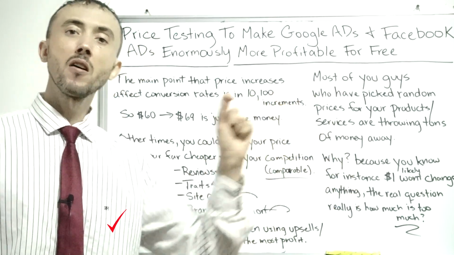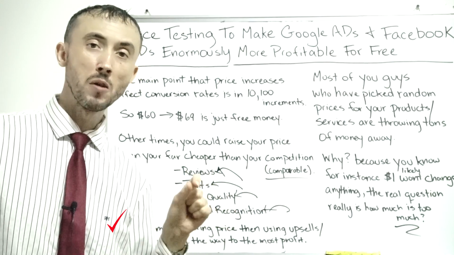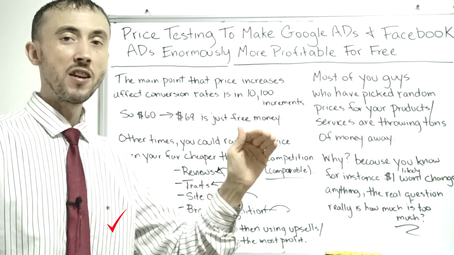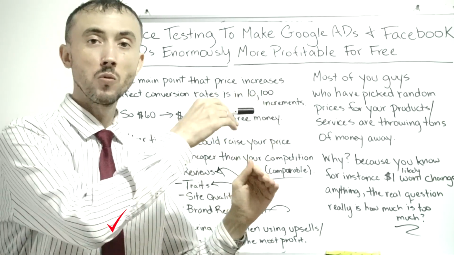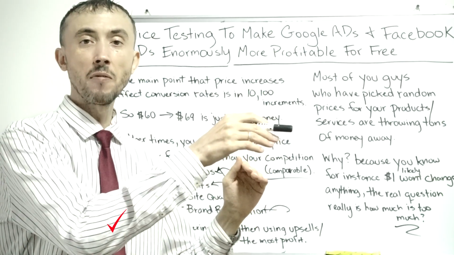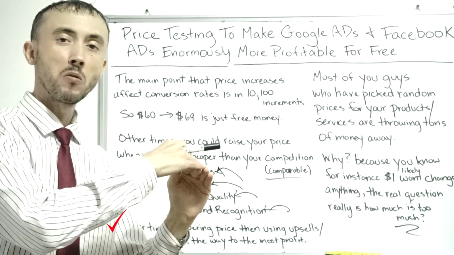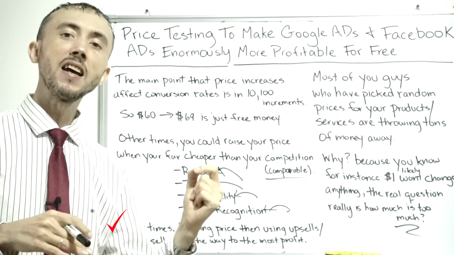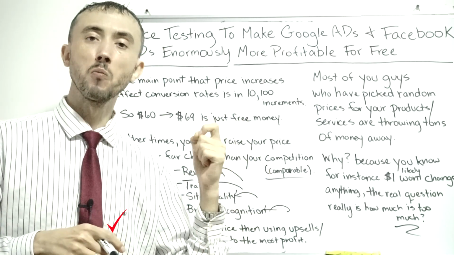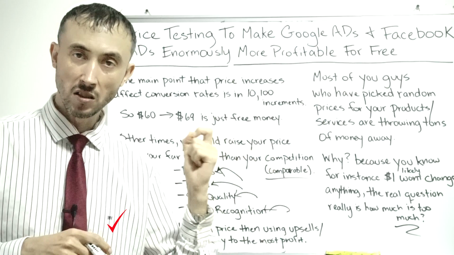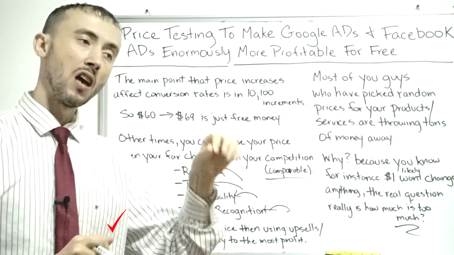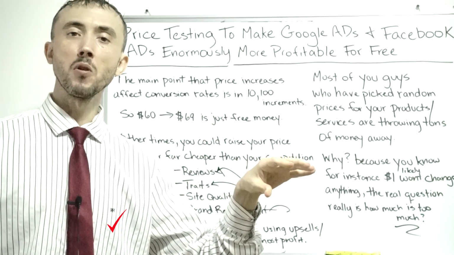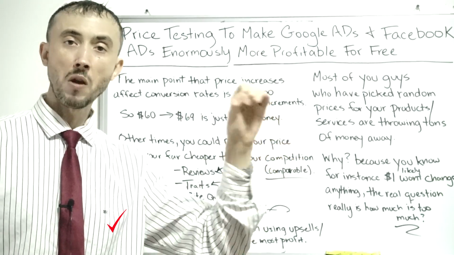Even though people weren't buying it, when we split tested having that $190 product versus the $210 product that most people ended up buying anyway, the $190 product was twice as profitable as the $210 one, because people saw the $190 and were overwhelmingly more likely to click on that ad because of the price. It was more profitable because it got higher click-through, so we were able to get more sales.